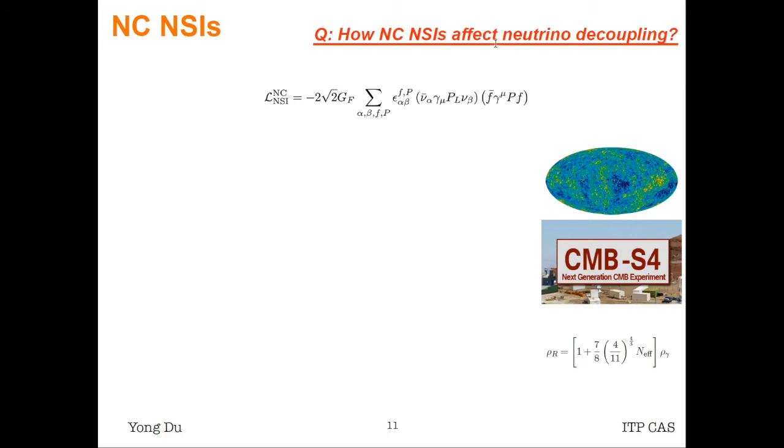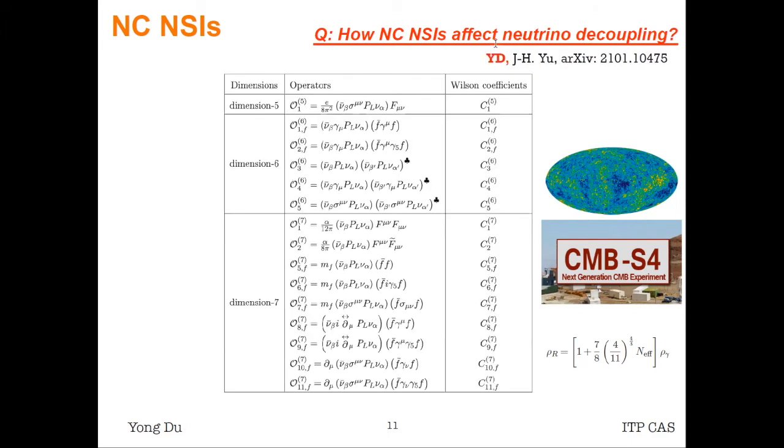To answer this question, we did not constrain ourselves to dimension 6 neutral current operators. Instead, we consider all possible operators up to dimension 7, as listed in this table. For future convenience, let me emphasize that O1 dimension 6 here stands for the vector type interaction, while O2 dimension 6 is for the axial vector type interaction.